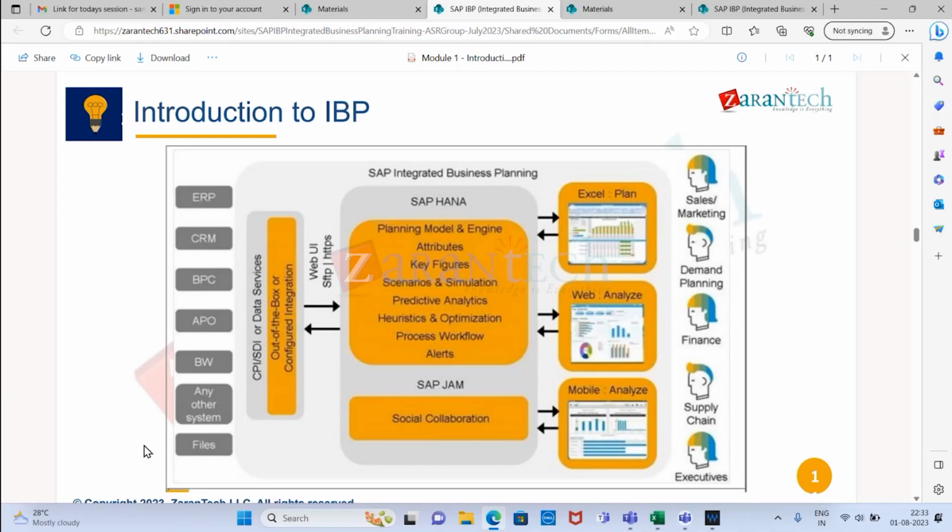APO is Advanced Planning and Optimizer, or optimization. If you are using SAP, normally you would have used the production planning PP module or the MM module, which is the materials management module. But APO is the most advanced module in SAP.